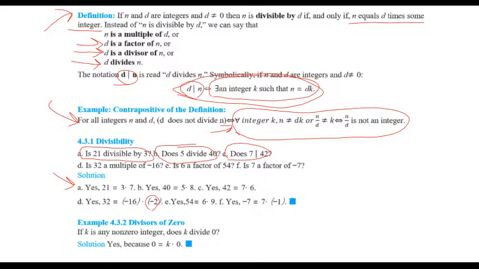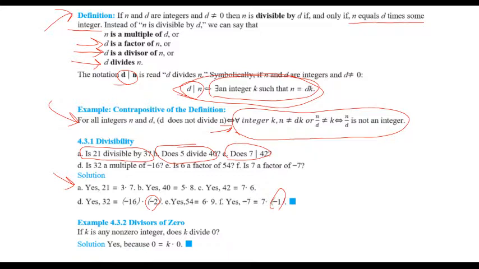Then we have, is 6 a factor of 54? And the answer is yes, because 54 can be written as 6 times 9. And the last one, is 7 a factor of negative 7? Yes, because negative 7 can be written as 7 times negative 1. Again, in this example, k is negative 1.